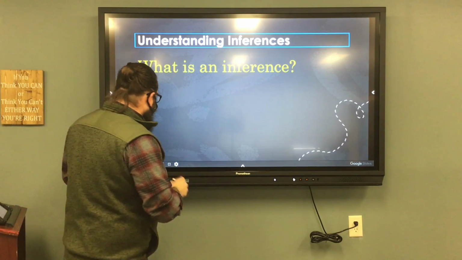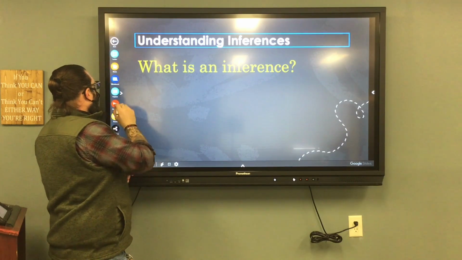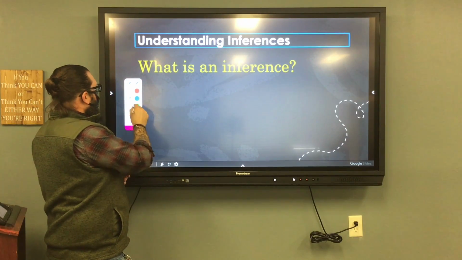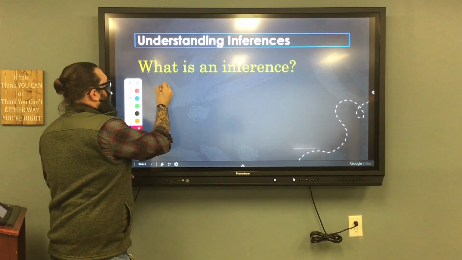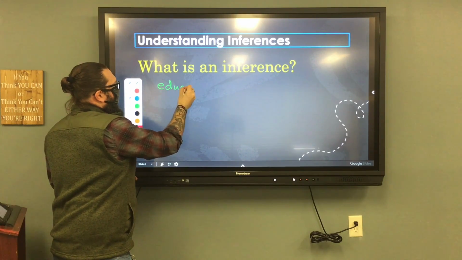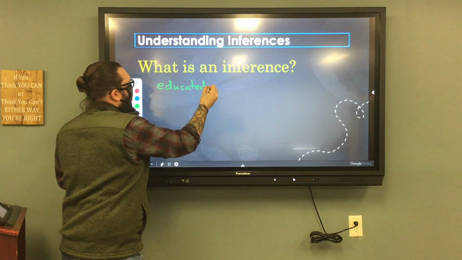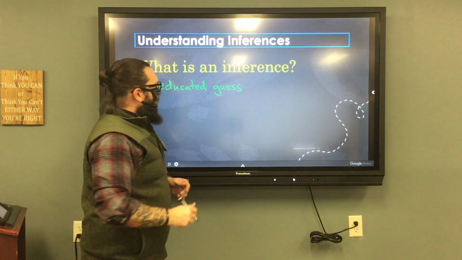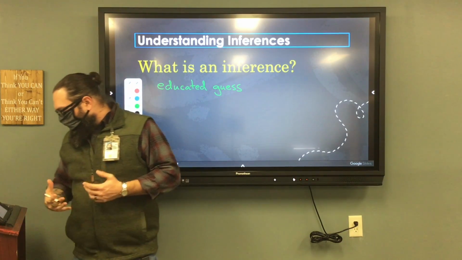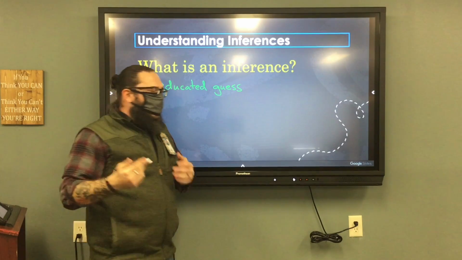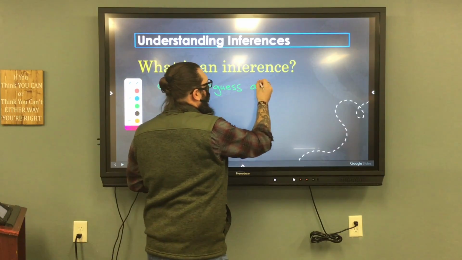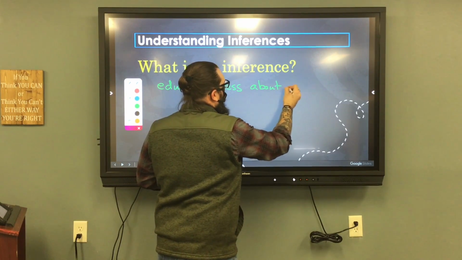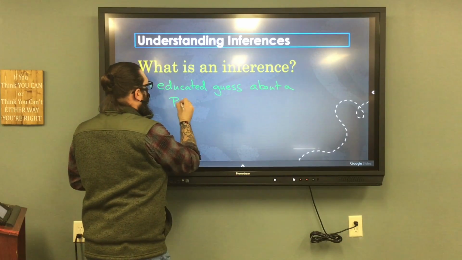Yes, an inference is a guess, but more specifically, it is an educated guess. Whenever we say that we are making an inference, we are making an educated guess about a point or idea.